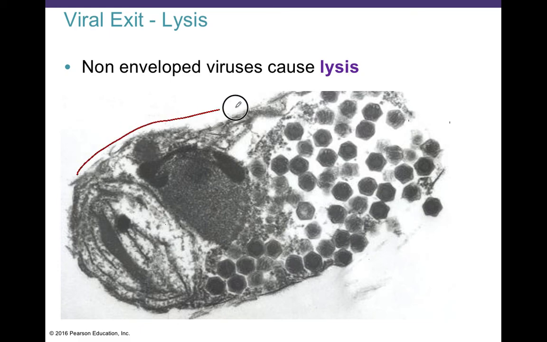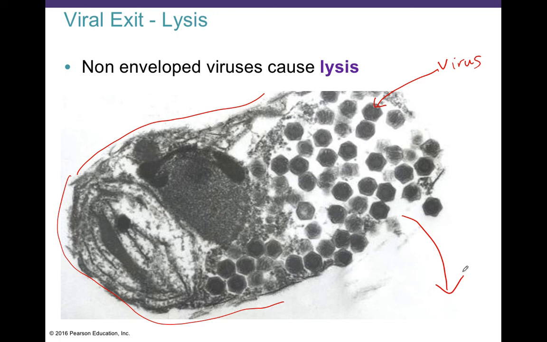Here is outlining the entire cell, and those hexagons are the virus. You can see that this cell is completely full of virus particles. Eventually that cell wall breaks down and all of those virus particles spill out of the cell.